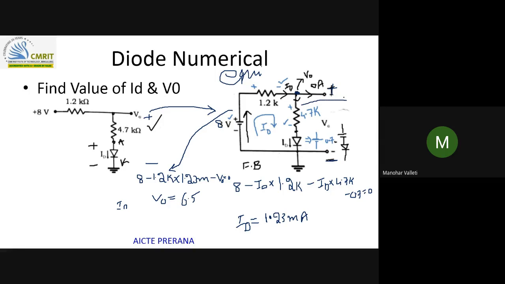If you find it from here, you will get 6.48. Almost the same answer only, right? Got it? The voltage drop across 4.7K and the voltage drop across the diode will give you V0. That is one method, with which you will get 6.48 volts, or else you use this loop. This is loop 1, or this loop, this is loop 2. Any one is enough. You'll get the same answer.